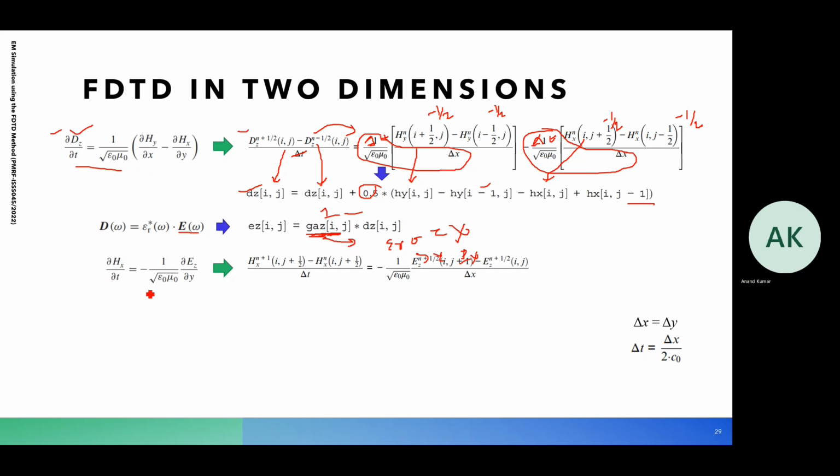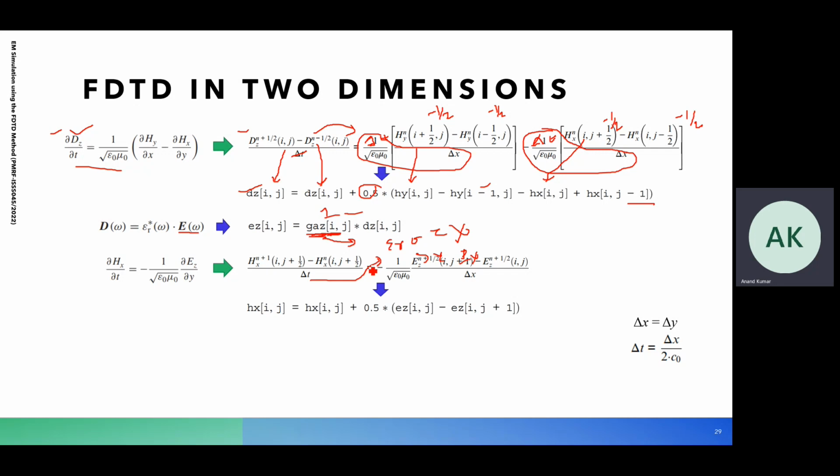Now similarly for the Maxwell's equation for the magnetic field, we already got the finite difference approximation for both. So again, we rearrange this. We keep delta t over here and send this to the right hand side. So we get the magnetic field Hx in terms of electric fields.